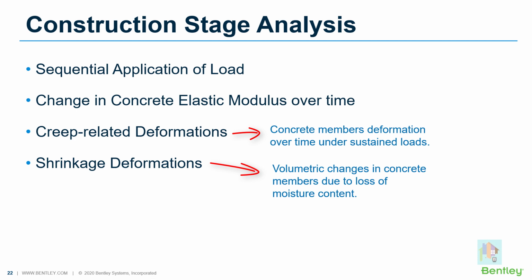Concrete properties also change with time as it hardens. Concrete takes time to gain strength, and compressive strength increases over time. All this is considered in the construction stage analysis, where creep and shrinkage deformation is calculated for each stage depending on the time and equivalent load is applied on the members.